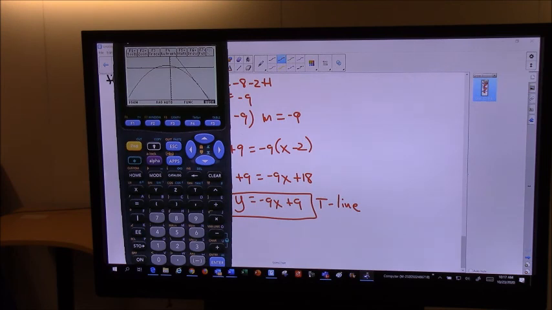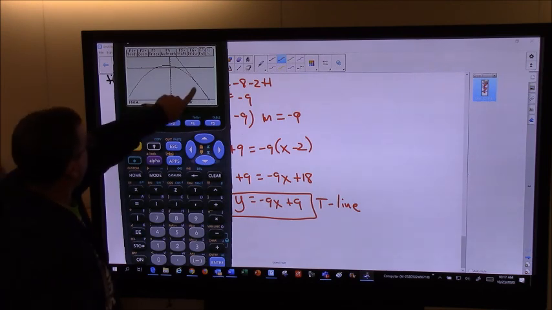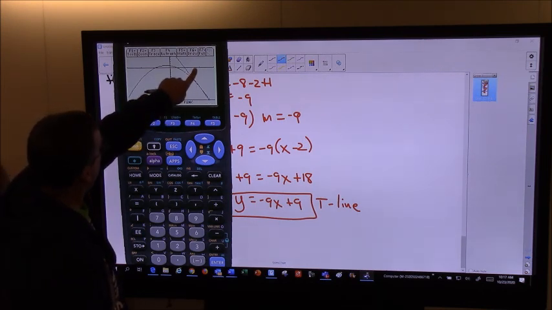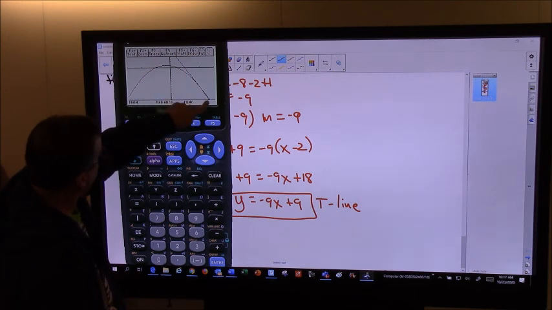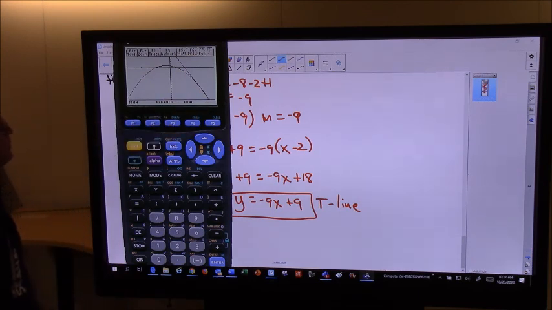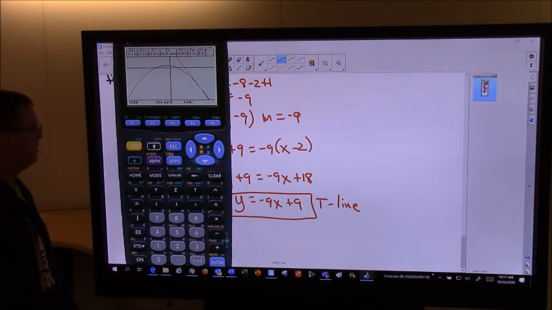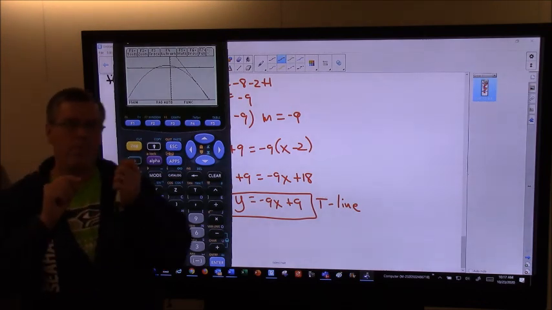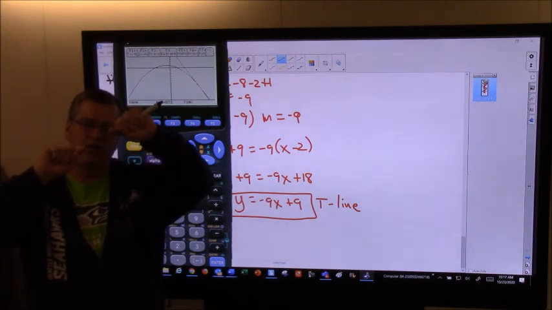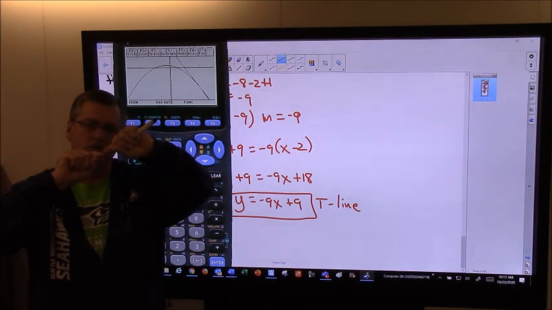Here's the tangent line. It looks like it's intersecting right about here at x equals 2. There's 1, there's 2. It does look like it comes by and nicks the edge of the parabola and then starts to separate again. So I could even do one more thing. Let's find the point of intersection. Now, remember, we said let these 2 points get so close that there's no distance between them.